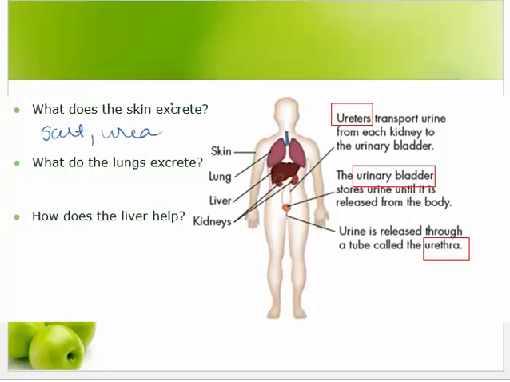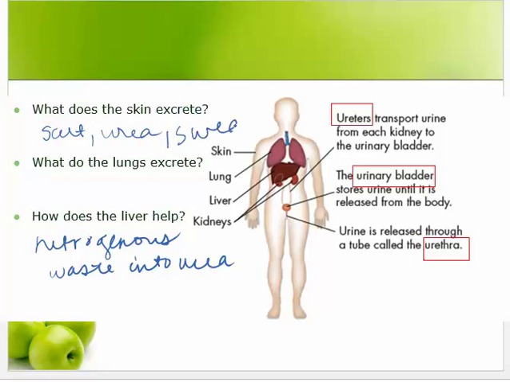Now, urea is made by the liver, and what the liver does is it turns nitrogen products, which are bad for you, nitrogenous waste, into urea and sends it to the kidneys. But the skin can also secrete that salt and urea. And I'm going to put sweat up here also.